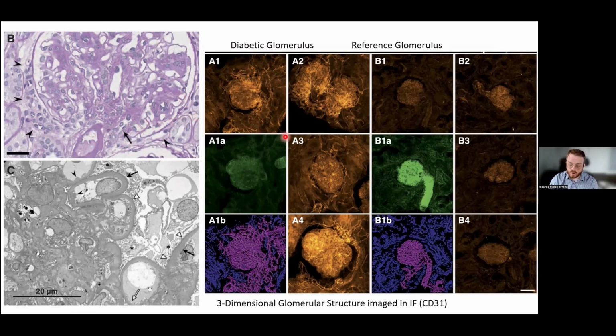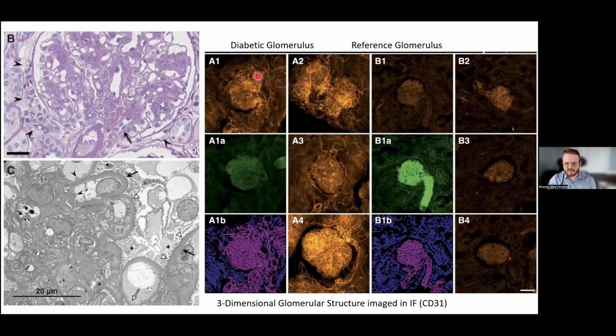Then we use one of the technologies that we have in the KPMP, which is three-dimensional tissue cytometry, right? So you can see here the immunofluorescence for CD31, which is a marker of endothelial cells. So here you have the diabetic glomeruli, and here you have for reference glomeruli, right? So diabetic and reference.